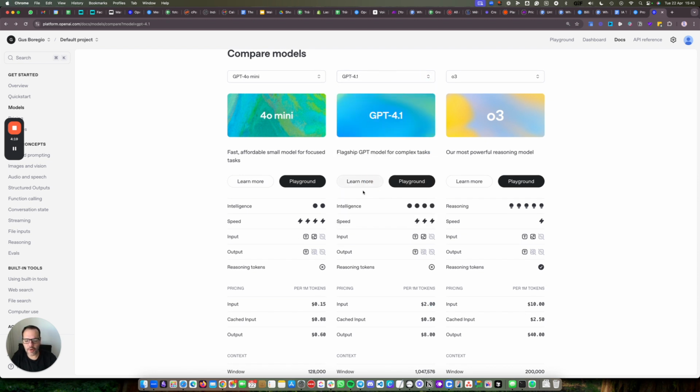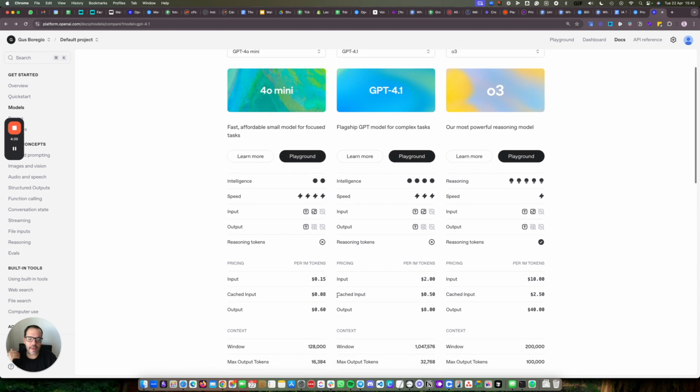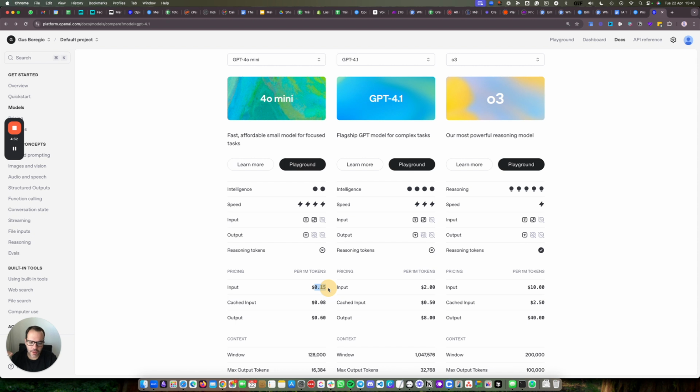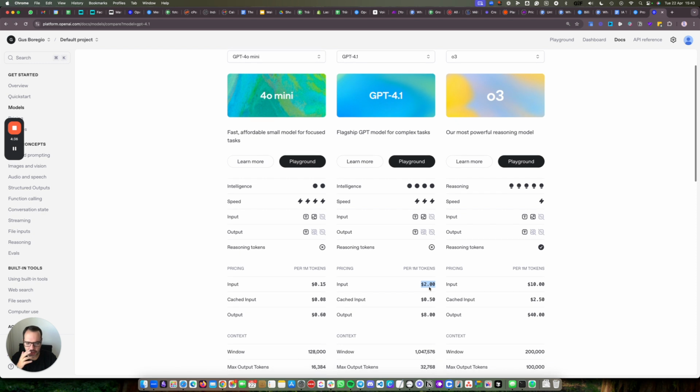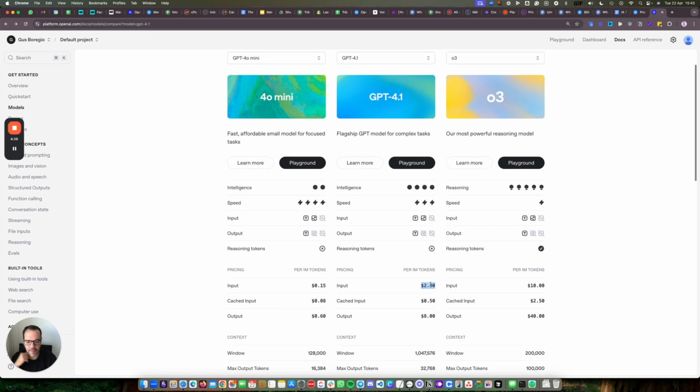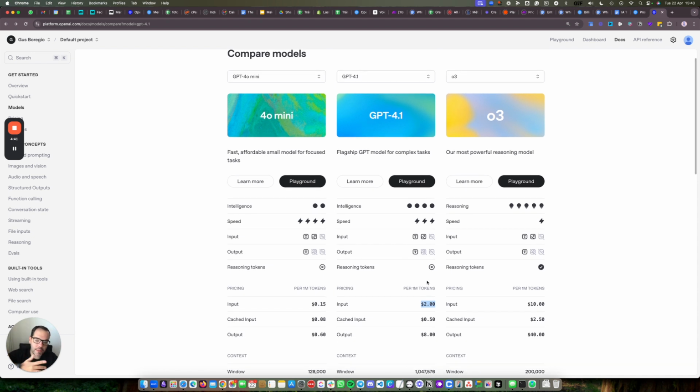The next model that we have is the 4.1. Now this one is a lot more expensive. It's over 10 times more expensive than the 4.0 Mini that became the standard and what we use the most. This one here is working beautifully, but it is going from $1 a day to $15 a day, or whatever it is, right? $13 a day, or whatever the math gives out here. And this here does make a big difference, okay?